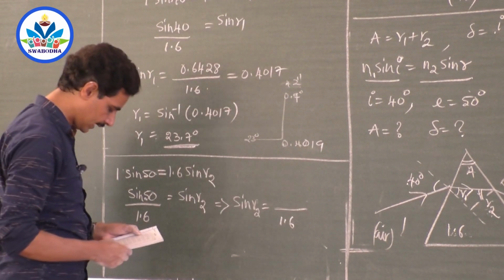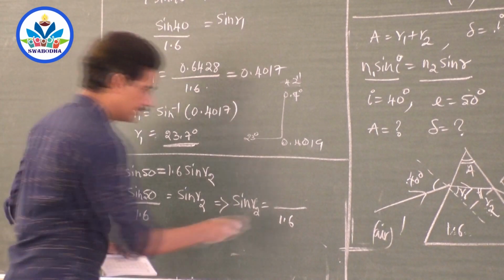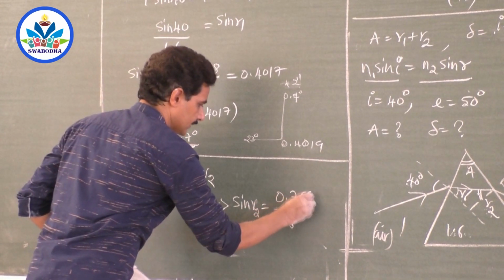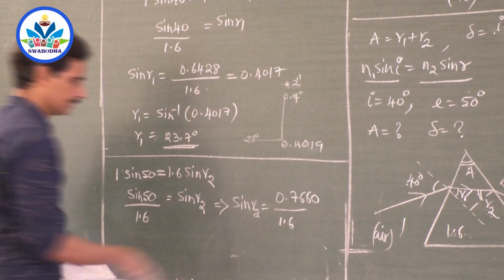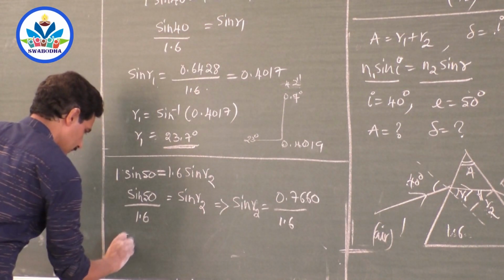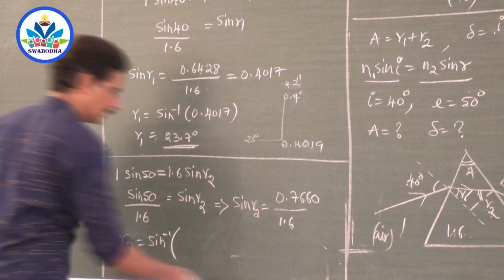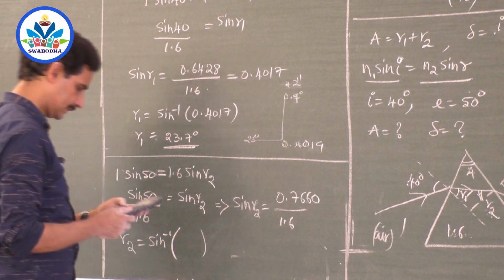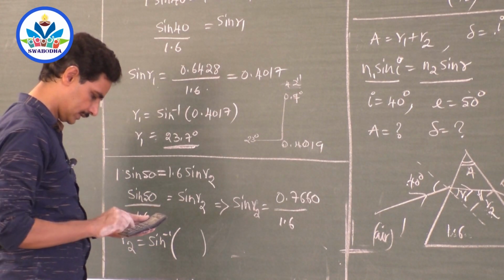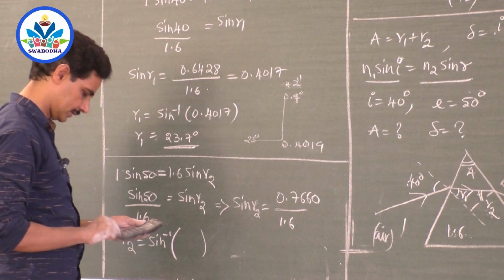So 0.7660, correct? So what is this answer? R2 is equal to sine inverse of 0.7660 divided by 1.6.